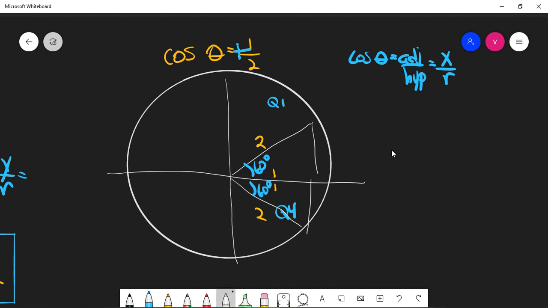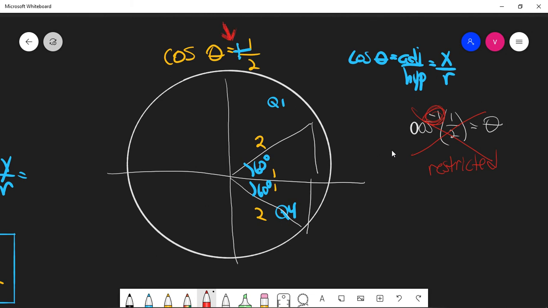Just to clarify again, this is not cosine inverse of 1/2 equals some angle. It is not that. Cosine inverse is restricted. This is an equation. This is solving an equation.